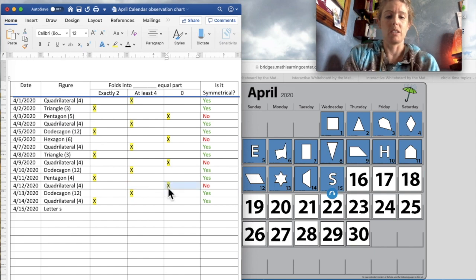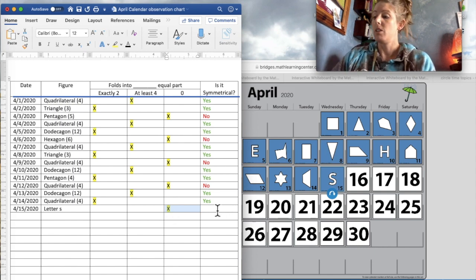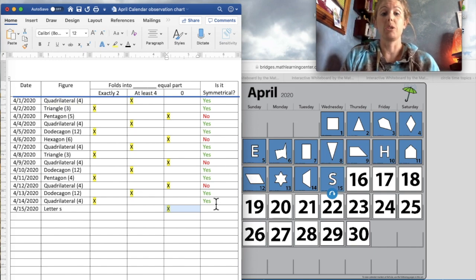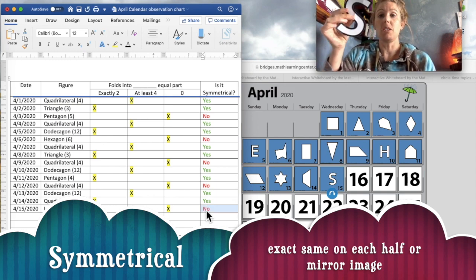There were 0 folds for equal parts for our letter S, and knowing that, our letter S does not have any lines of symmetry, so it is not symmetrical.